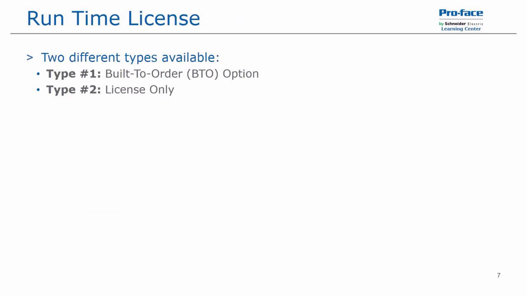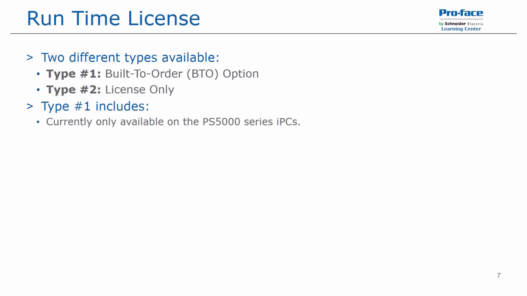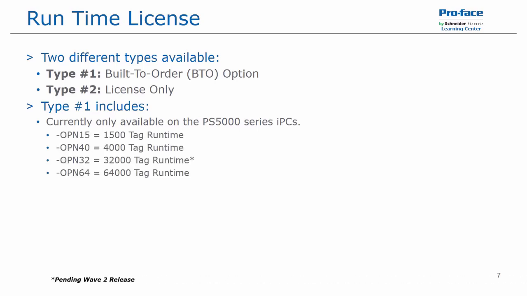The runtime licenses for Blue Open Studio, there are currently 2 different types available. One is a BTO or build to order option, and the second is the license only. Type 1 includes and is currently only available for the PS5000 series of industrial PCs. Here are the optional BTO or configuration numbers.